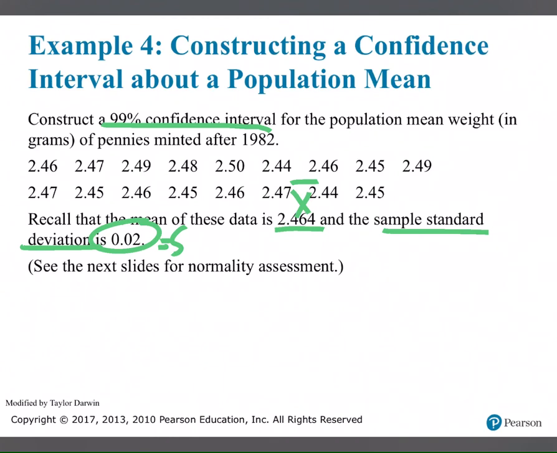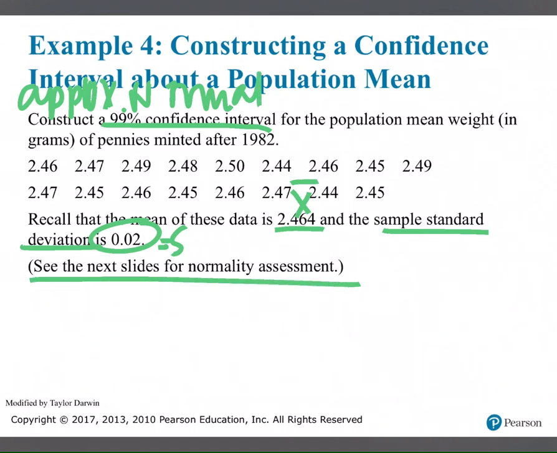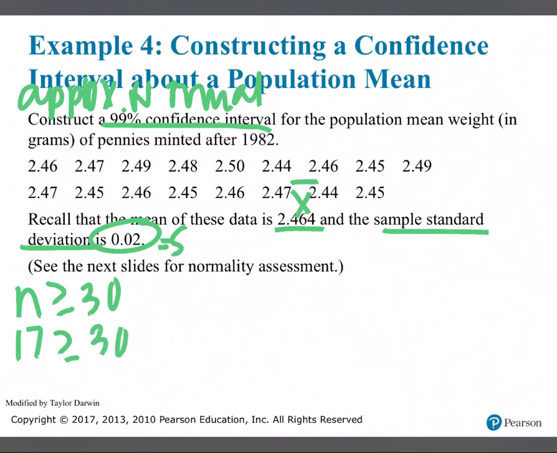So does it say that it's normal anywhere? No. But let's pretend it does. Approximately normal. It says see the next slides for normality, and I'll explain those, but honestly, I won't give you anything like that on a test. I'll either make n greater than or equal to 30, and in this case it's not because it's 17, or I'll tell you it's approximately normal, and if it's approximately normal, you don't even have to worry about this. So let's pretend it says approximately normal, so we're good to go.